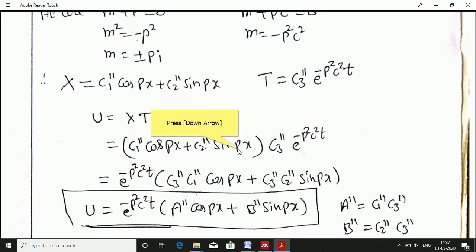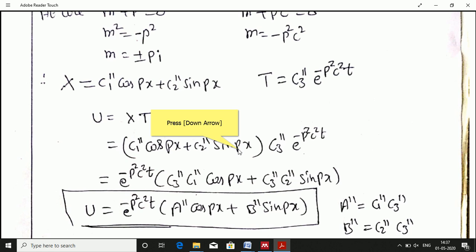Put the values of X and T into u is equal to XT. It is (c1 double dash cos px plus c2 double dash sin px) into c3 double dash e power minus p squared c squared t. That is, c1 double dash into c3 double dash cos px plus c2 double dash into c3 double dash sin px, into e power minus p squared c squared t. c1 double dash into c3 double dash I call it as A double dash, c2 double dash into c3 double dash I call it as B double dash.